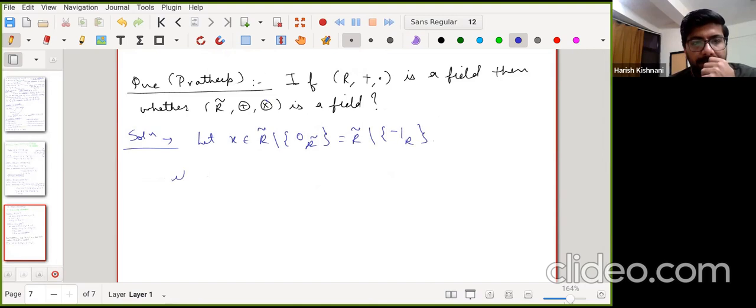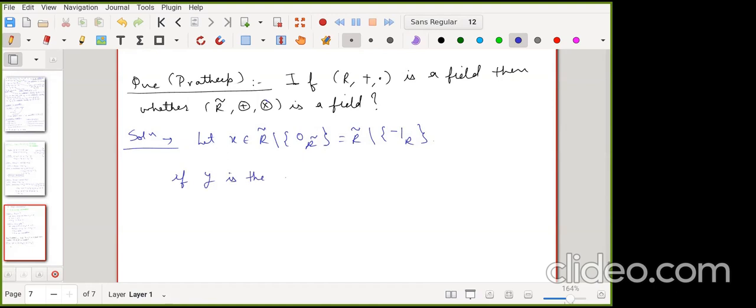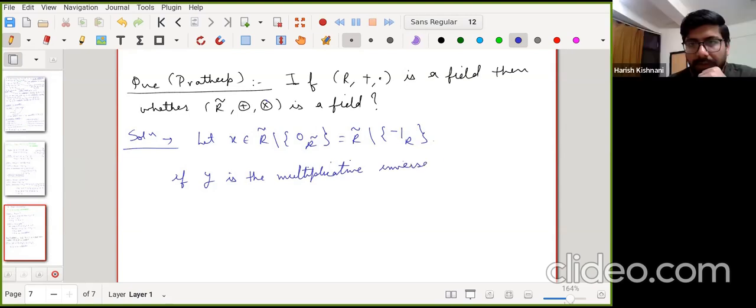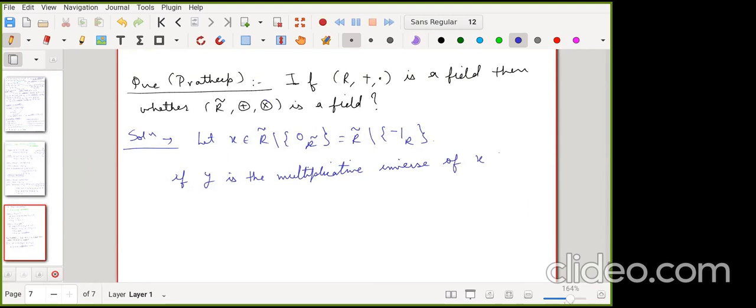So if y is the multiplicative inverse of x, then what does it need to satisfy?